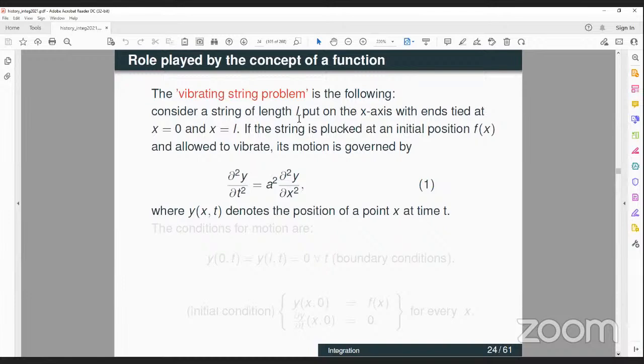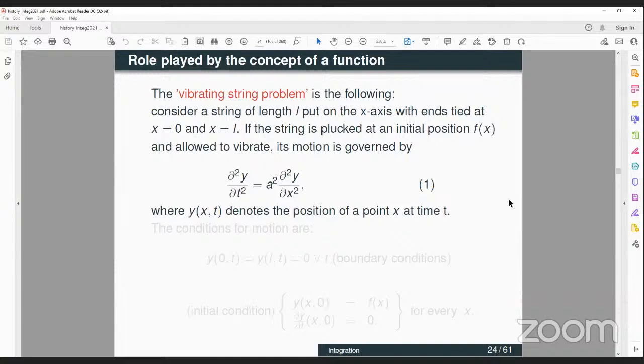Consider a string of length L, imagine it is put on the x-axis with both ends tied at 0 and L. And the string is plucked at some initial position. You pull up the string, so that is the initial position of the string.